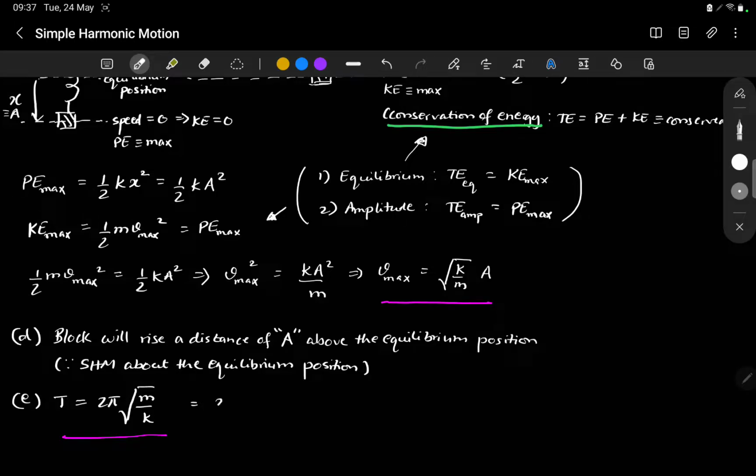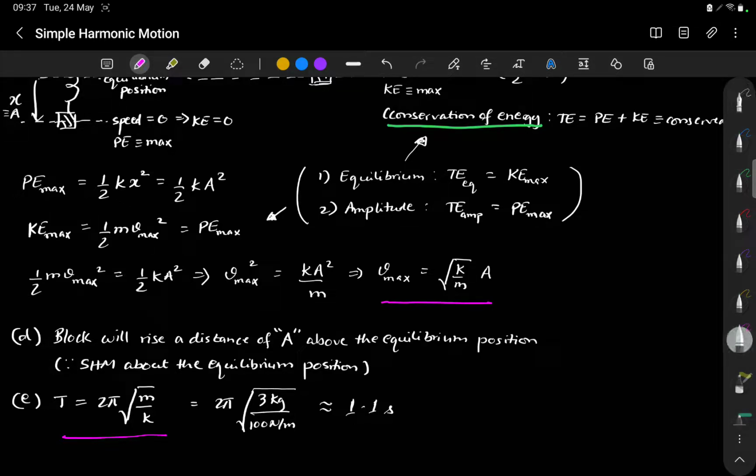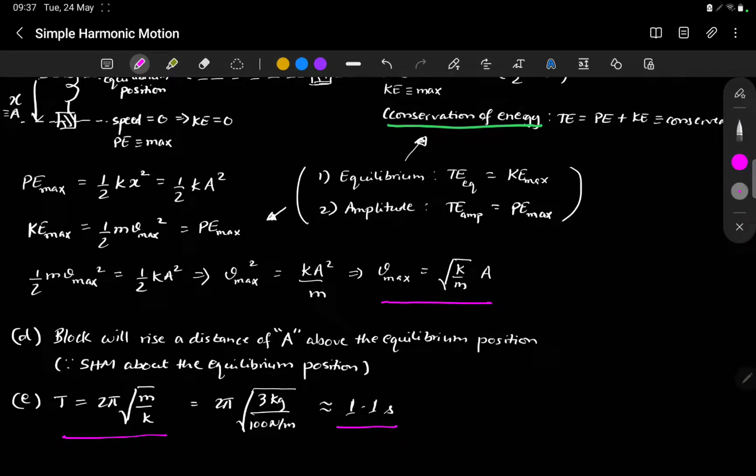So plugging in the values, 2 pi square root of 3 kilogram, which is the mass, and k is 100 Newton per meter. Plugging these values into the calculator, we get roughly 1.1 seconds. So this solves this problem.